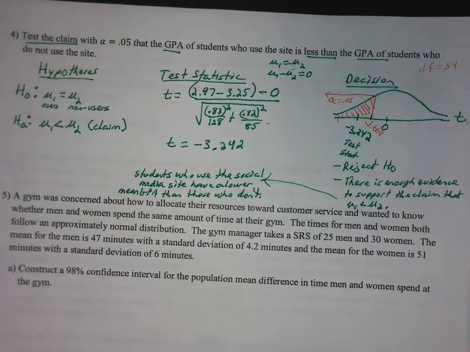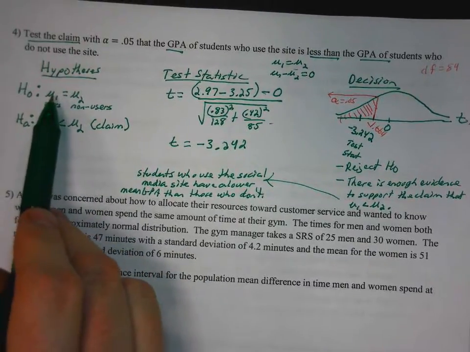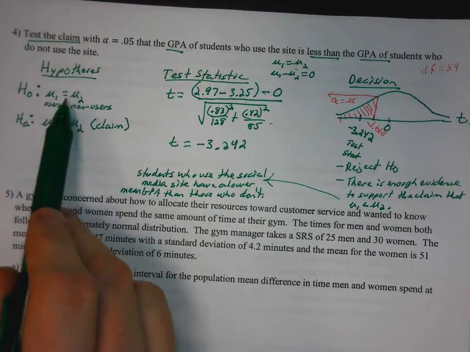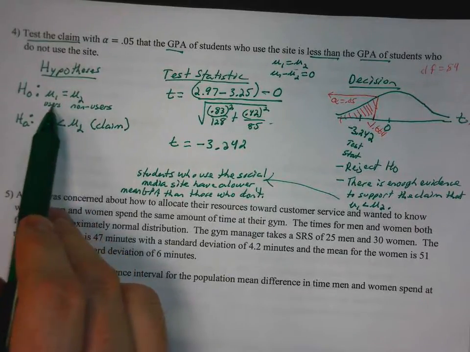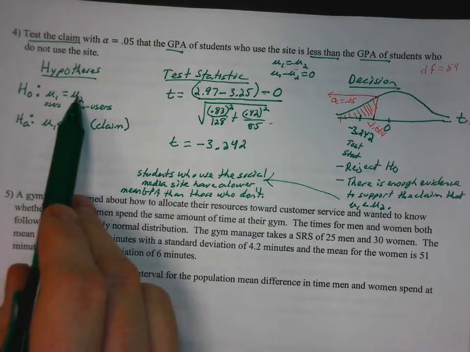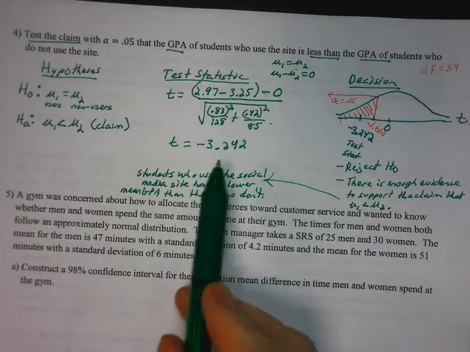Again, you can see the process is the same. The only difference now is when you set up your hypotheses, you're comparing two different means, not mu1 equals a number like 3.1. Now we're looking at, does mu1 equal mu2? Our test statistic is just using a different formula, but the same concept.